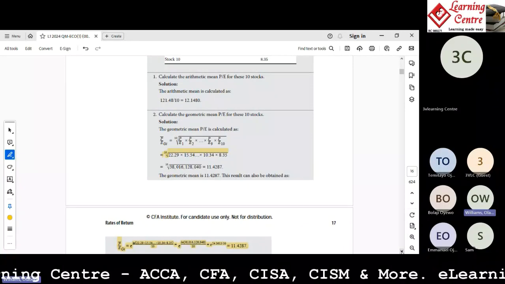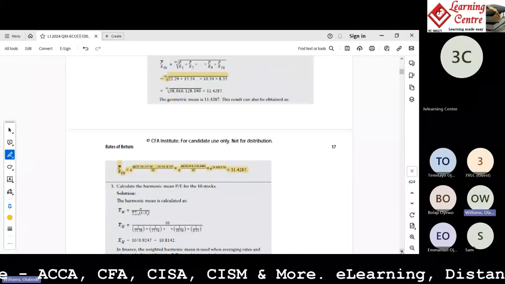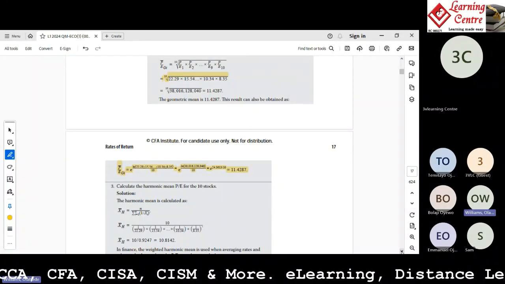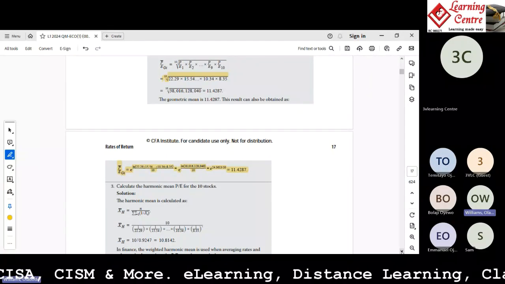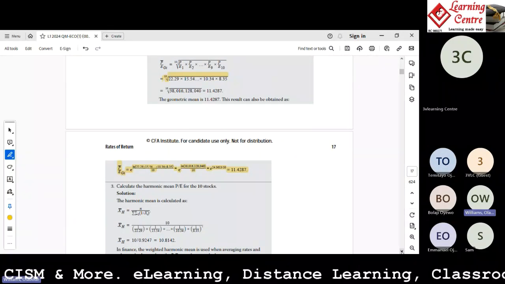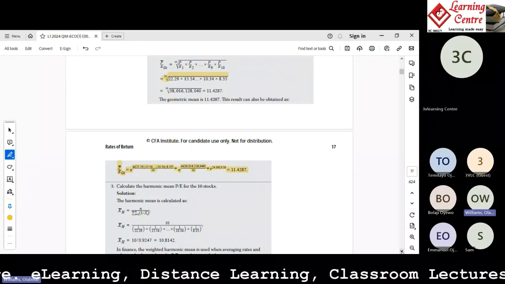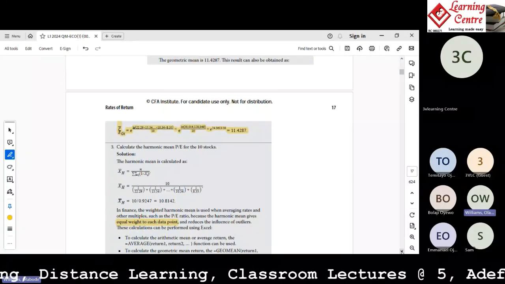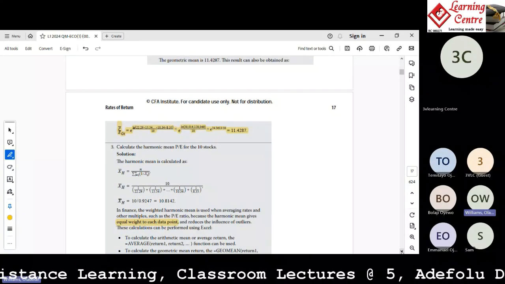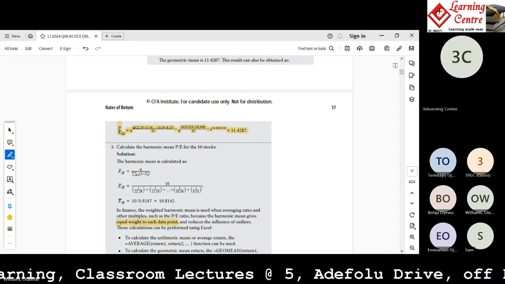Once you have added all of the reciprocals together, you divide that into a numerator. The numerator is your number of observations, in this case 10. So 10 divided by the summation of your reciprocals, and that's what you can see here. So your harmonic mean, therefore, is 10.81.